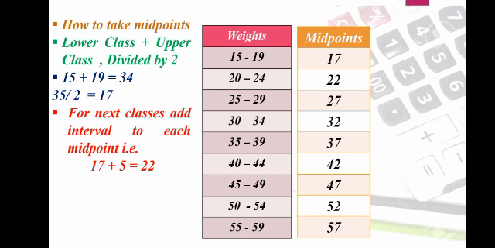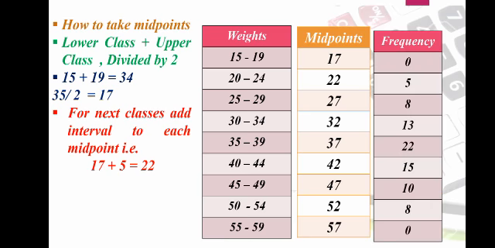So now after making the midpoints, you have to place the column of frequency. As the first row and the last row are required for the frequency polygon and are not lying in the data, their frequency will be 0, and the rest of the frequencies will be the same as in the question: 20 to 24 is 5, 25 to 29 is 8, 30 to 34 is 13, 35 to 39 is 22, 40 to 44 is 15, 45 to 49 is 10, and 50 to 54 is 8.